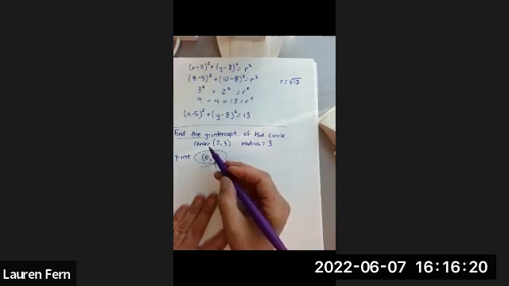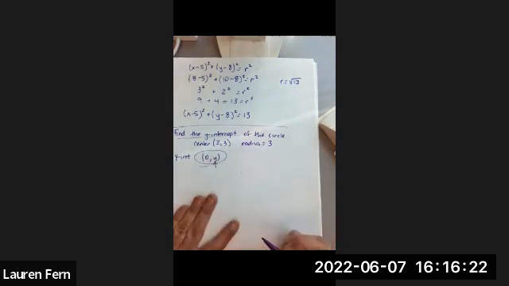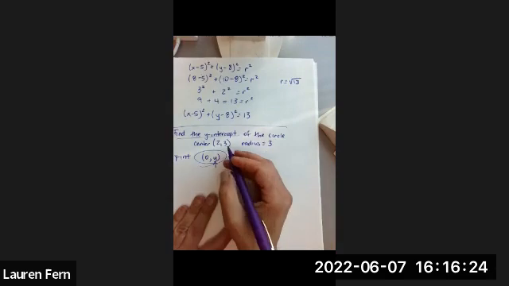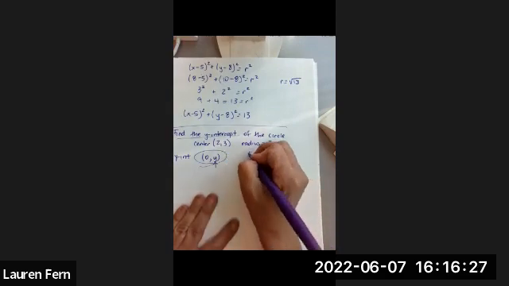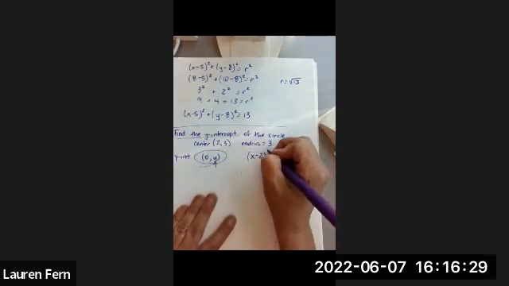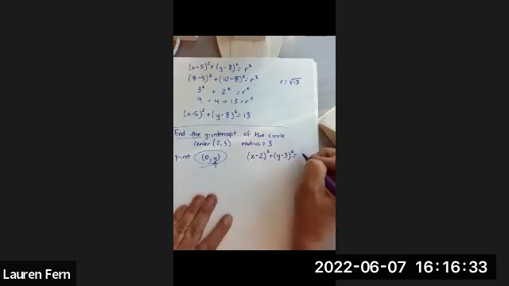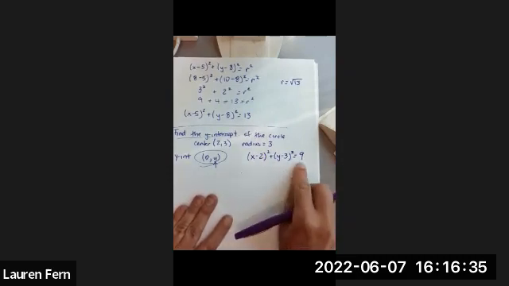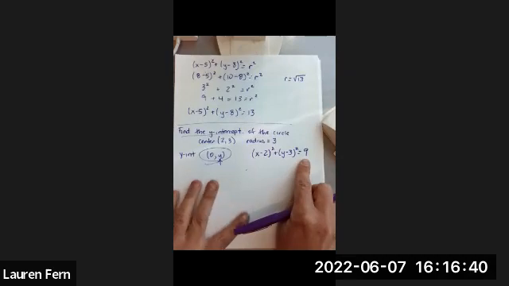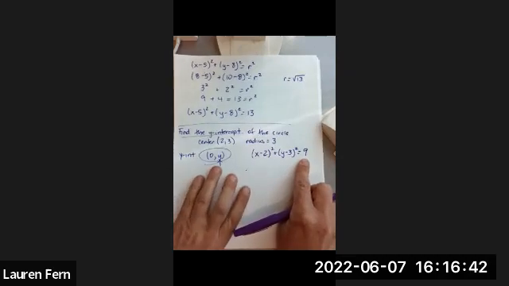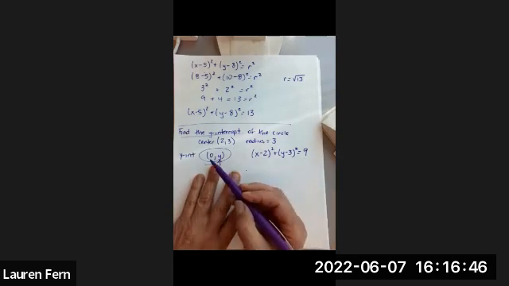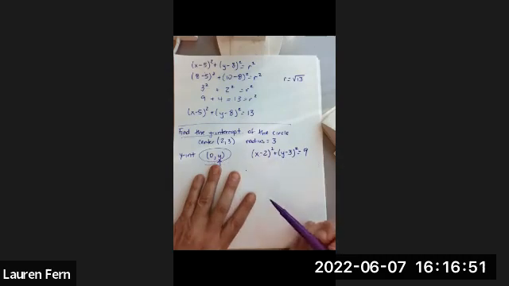So let's talk about this. What does the equation of our circle look like? Well, we have the center and we have the radius. So it's x minus 2 squared plus y minus 3 squared. Notice that's equal to 9 because that's equal to r squared. Now, just like with linear equations or quadratic equations, when we wanted to find the y-intercept, we would plug in x equals 0 and solve for y.